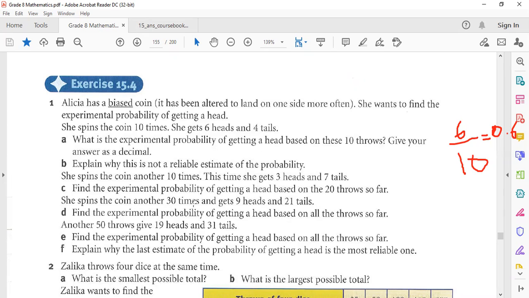C part, find the experimental probability of getting the head based on the 20 throws so far. She spins the coin another 30 times and she gets 9 heads and 21 tails. So 9 by 30. What answer do you get? You will get your answer that is equal to 3 by 10, 0.3.